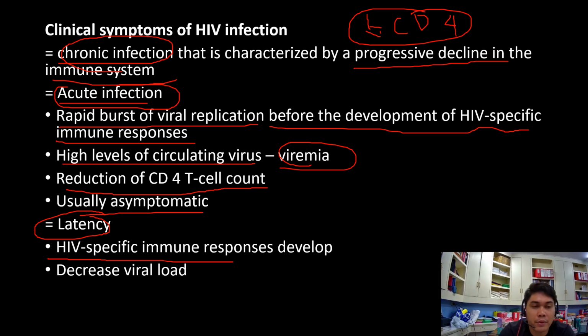But the problem with antibodies against HIV, they're not effective because of the capacity of HIV to rapidly mutate. Next, you have a decrease in viral load during latency or latent infection.